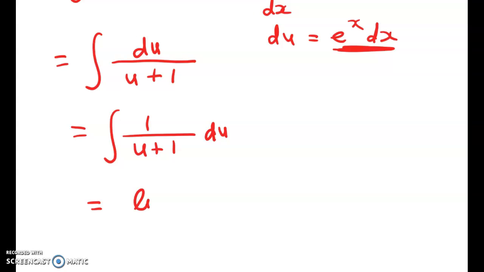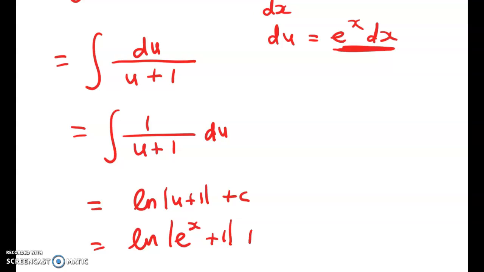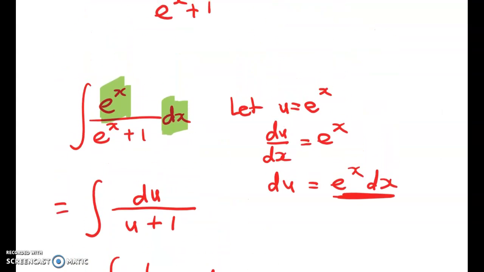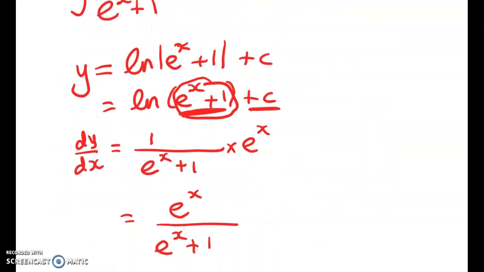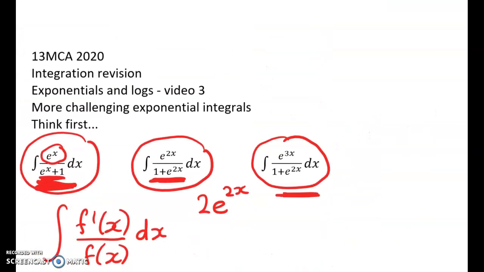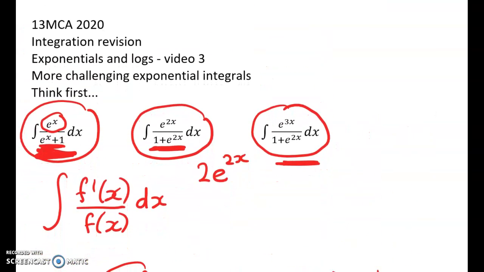And now I get back to the natural log of u plus 1 plus c, which is the natural log of e to the x plus 1 plus c. Okay, so that's some pretty basic substitution revision for you as kind of a side effect of solving that problem. We're going to do something similar for the second one now.